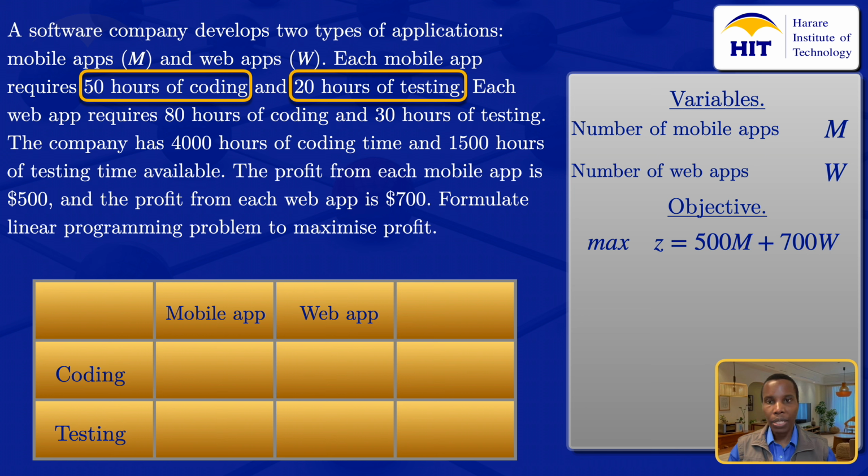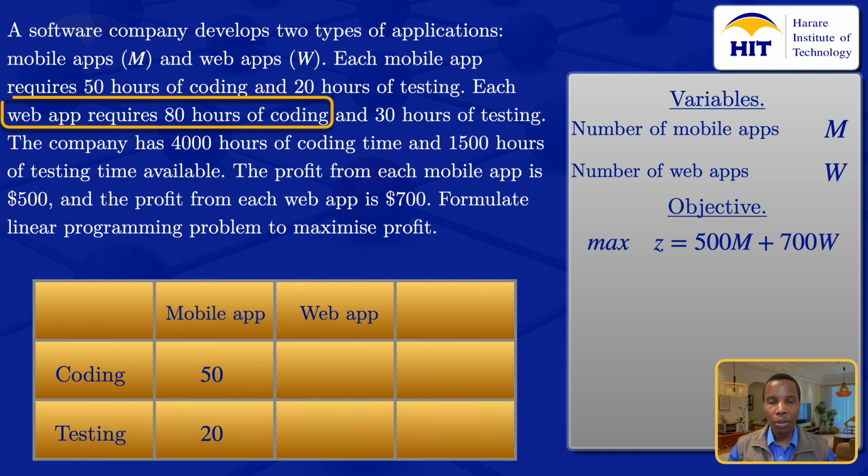So on the highlighted part, we are saying each mobile app requires 50 hours of coding. So I'll put the 50 there. And it requires 20 hours of testing, so I'll put 20 there. And then for the web apps, we have that they require 80 hours of coding. So I'll write 80 here. Then we are also saying that they require 30 hours of testing, so I write 30 there.